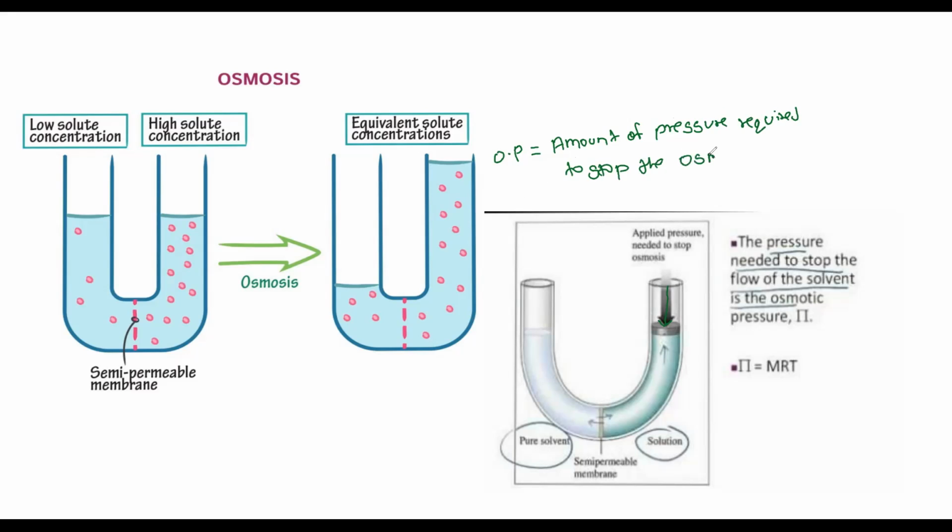Okay, so this is the definition of osmotic pressure. If the amount of pressure required to stop the flow of water is equivalent to what? Osmotic pressure. Okay, got it?